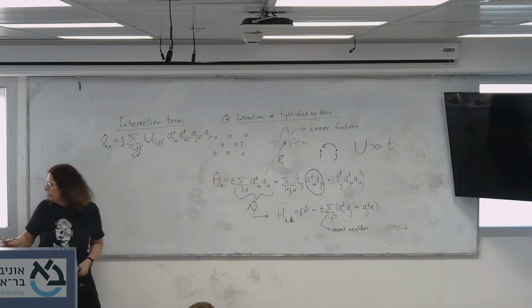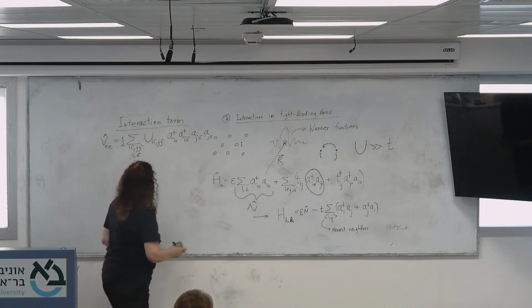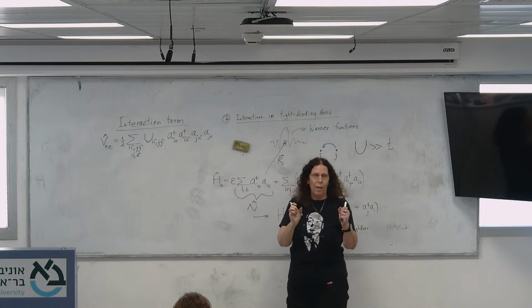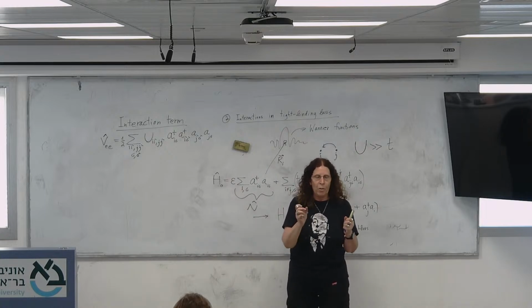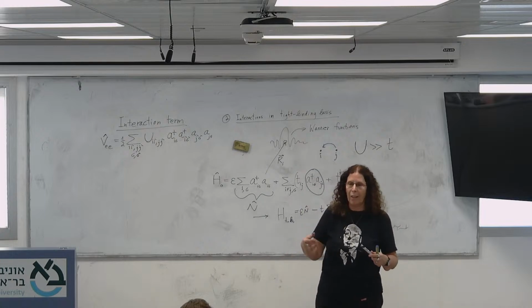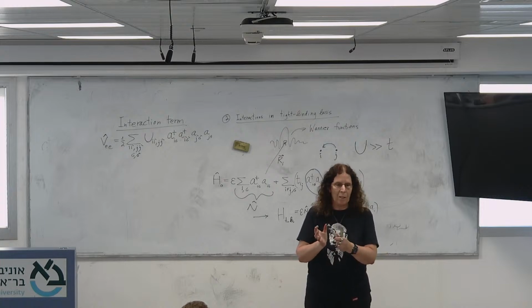Okay? Why do we have also sigma prime? This is because once again it's an interaction. It's density. Each density is a sum over sigma. That's always true. No matter what is the basis for the orbital degree of freedom, the spin appears in the density always as a sum.